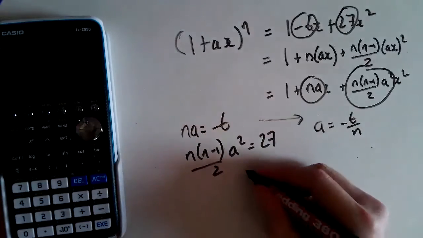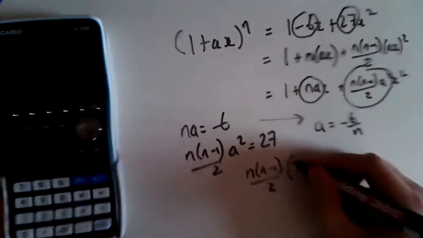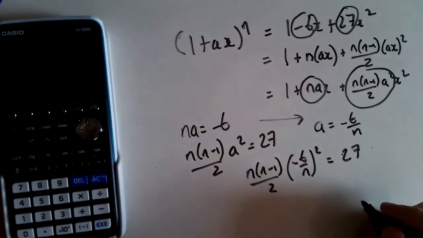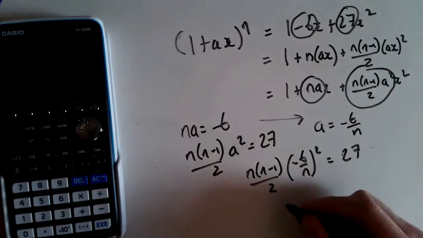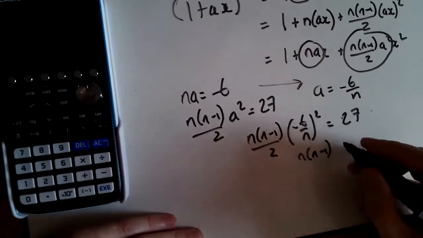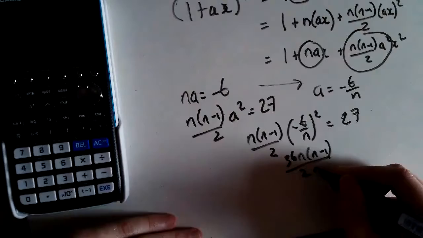Sub it into here, so we get n(n minus 1) over 2 times minus 6 over n, squared, is 27. So, run out of space, n minus 1 times, well, the top's going to be 36, and the bottom, when you get to the squared, n squared.